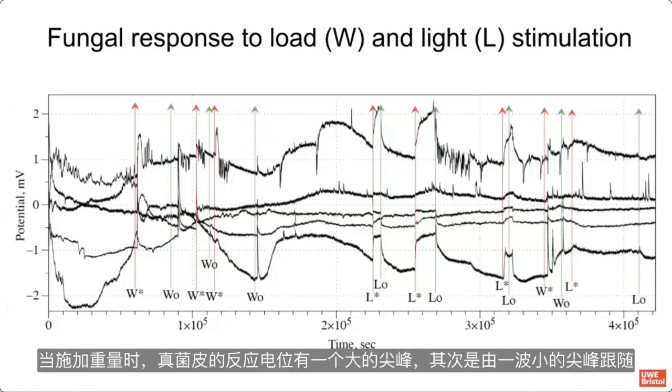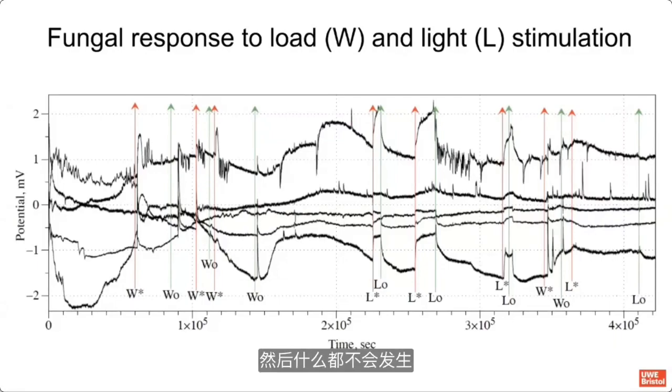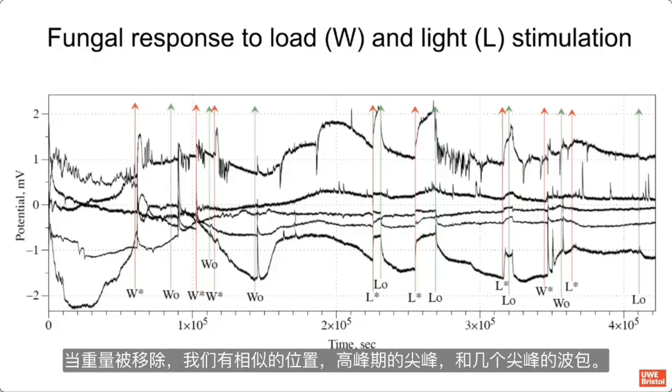So what happens? When weight is applied, the fungal skin responds with a large spike of potential, followed by a wave packet of smaller, high frequency spikes. And then nothing happens. When weight is removed, we have the same repetition: a large amplitude spike and a wave packet of several spikes.